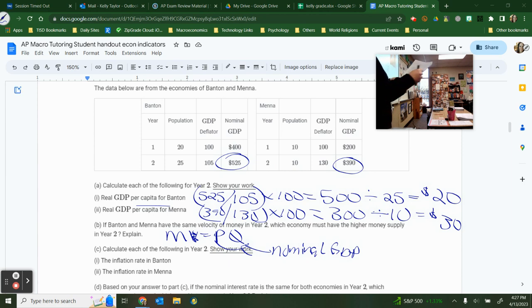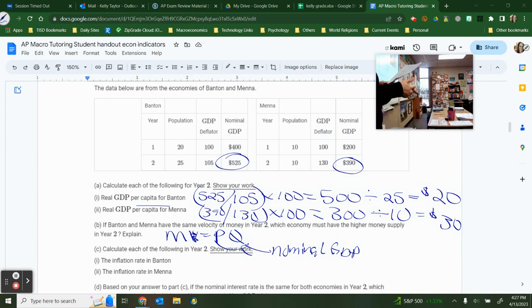So Banton has a higher money supply in year 2. Since the two countries have the same V and MV equals PQ, and Banton has a higher nominal GDP, then Banton must have a higher nominal money supply, because they equal each other. If this side is bigger, then this side's going to be bigger. That's how that works.